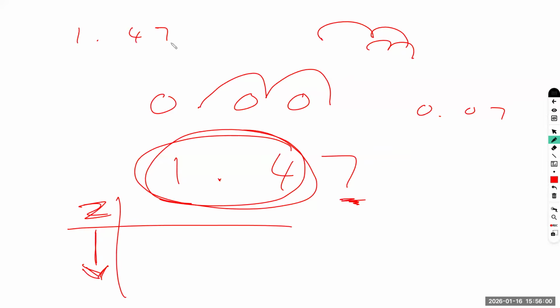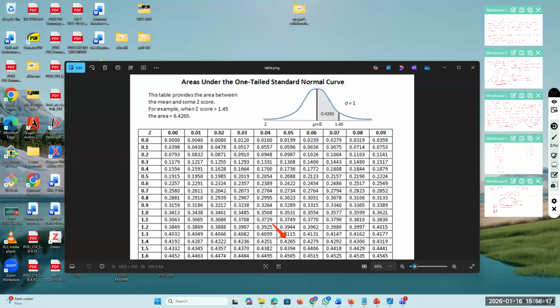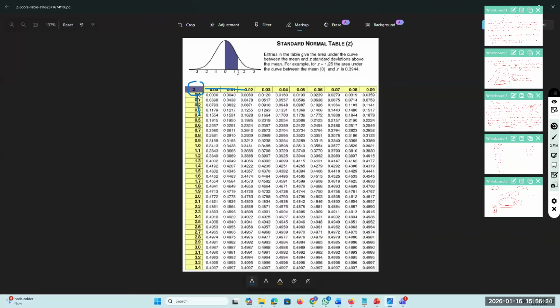If I say 1.47, you are going to look for the first two values on this side of the table. Table number one, which is this table. So this side.